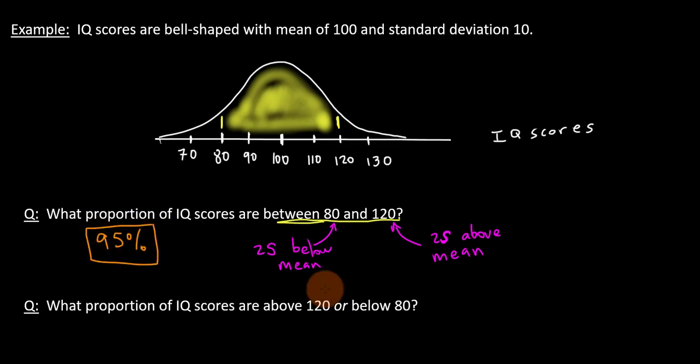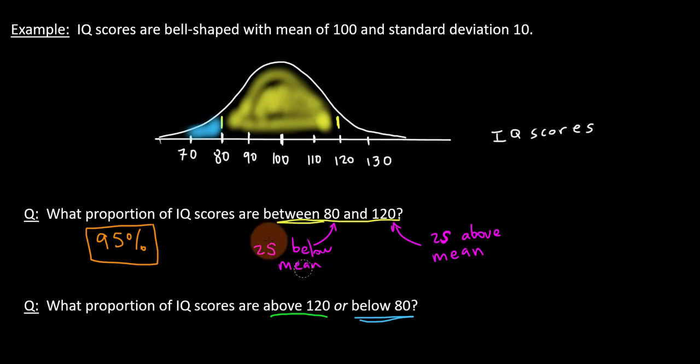Now this next question is related. You see that it has the same values, 120 and 80, but notice it says above 120 or below 80. Looking at those regions on our little figure up here, the below 80 zone, that's going to be this blue shaded zone here.